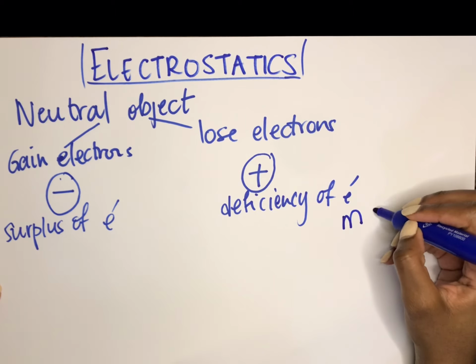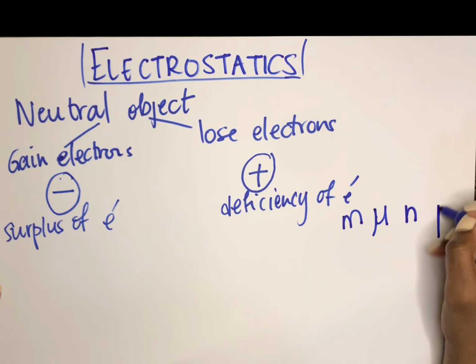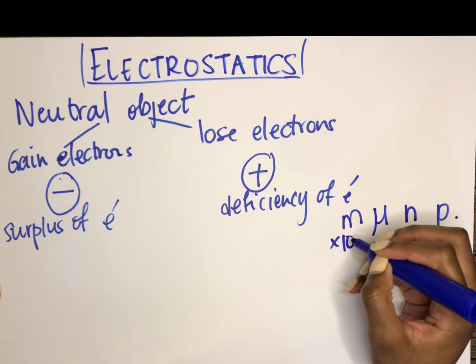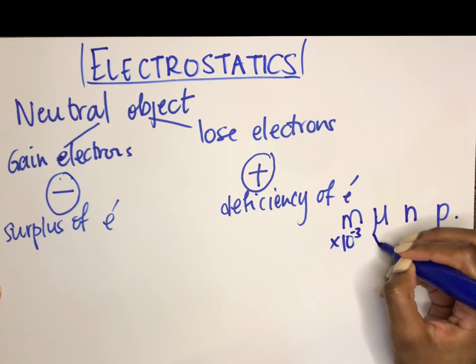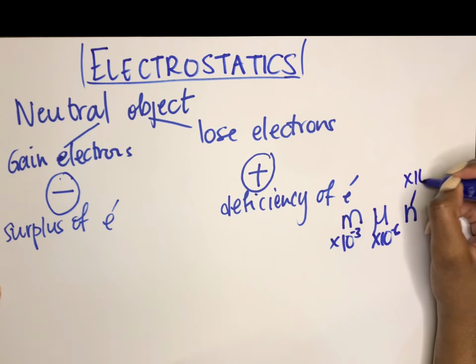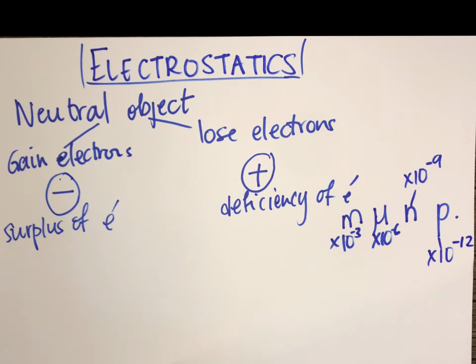The milli is times 10 to the power of negative 3. This is times 10 to the power of negative 6. This one is times 10 to the power of negative 9. And this is times 10 to the power of negative 12, right? And the charge is all measured in coulombs, like I've mentioned.